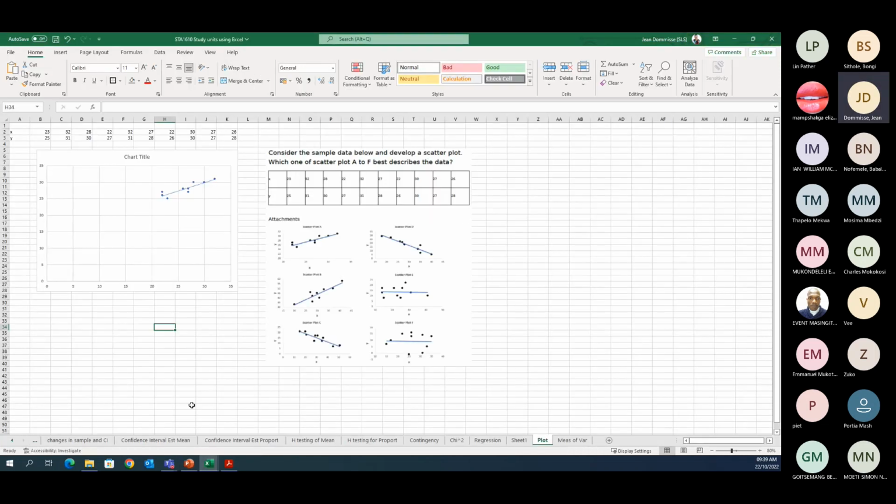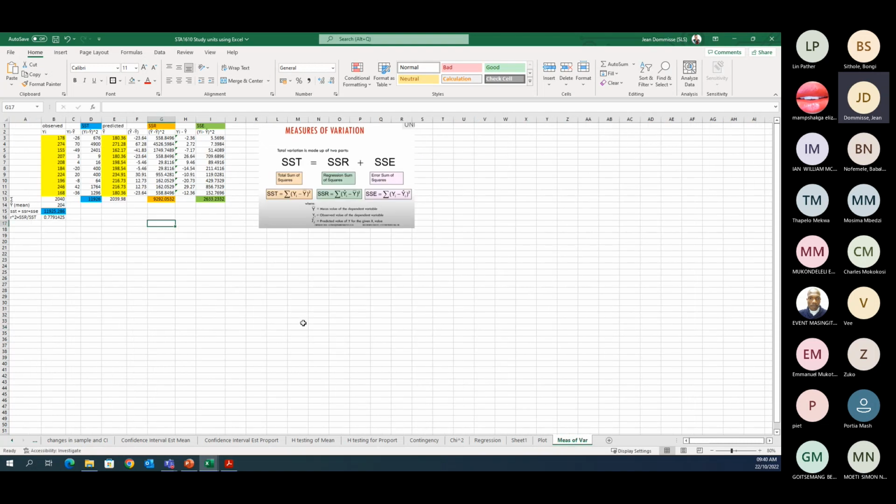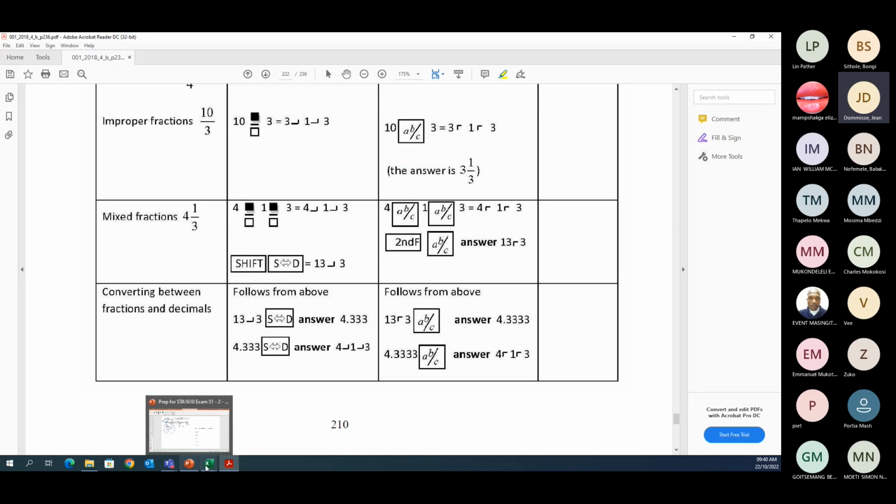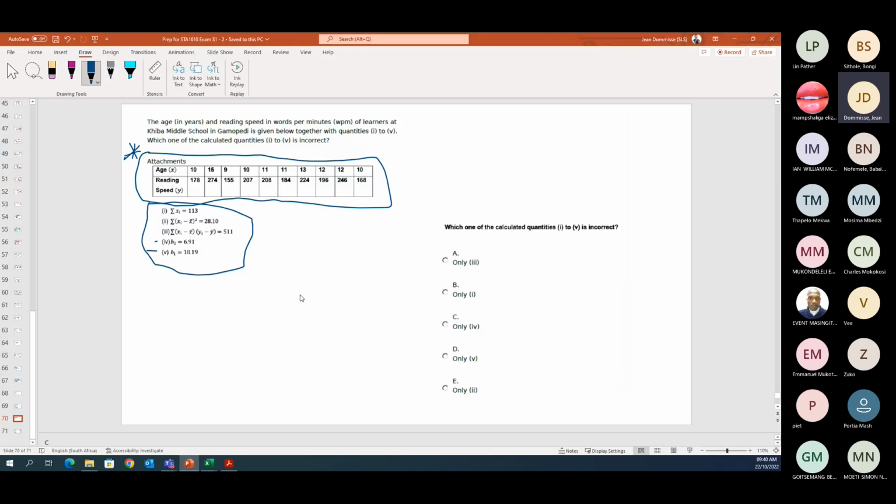And I think that is just important because I know there were a lot of questions around, can we use Excel? Can't we use Excel? But let's be honest, if you get this, you can't do anything else.